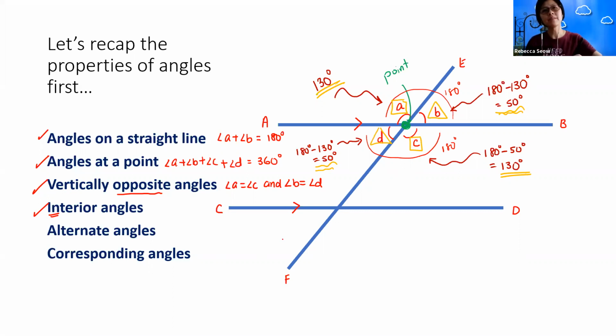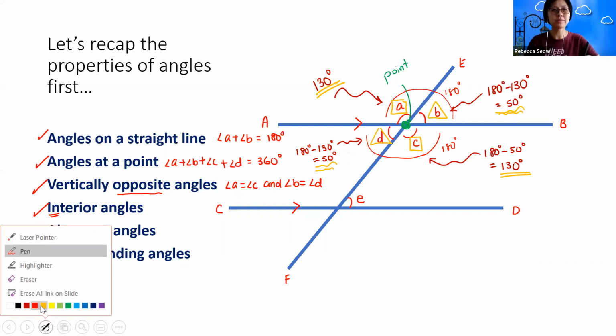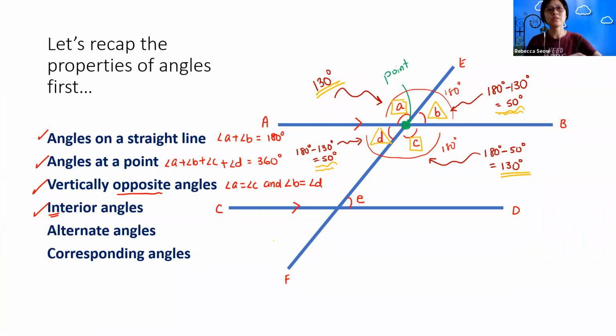So let's say if I were to assign the angle at the bottom here on line CD as angle E, and if I were to pay special attention to this portion over here, angle C and angle E both lie inside a pair of parallel lines.